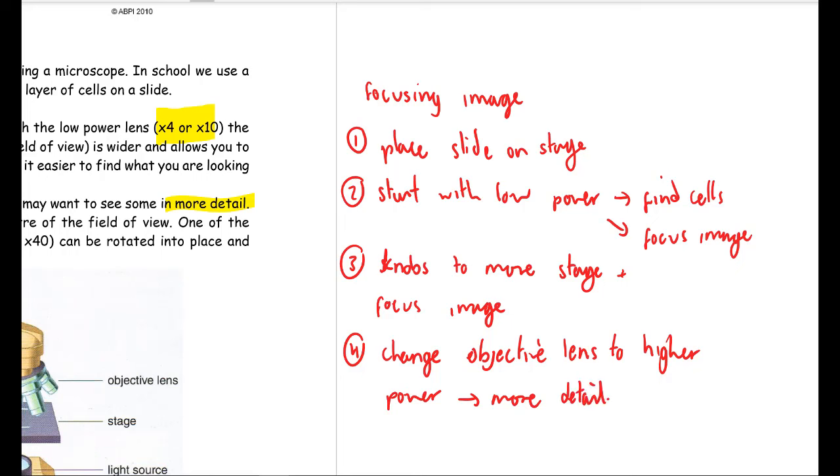Now, one wee practical thing about this: when you are focusing an image, you place the slide on the stage and start with low power. Now, you then use the knobs to move the stage. It's important to say here that you want to move the stage downwards first of all. Now, the reason why you would do that is that you don't want to damage the lenses or the microscope slide.